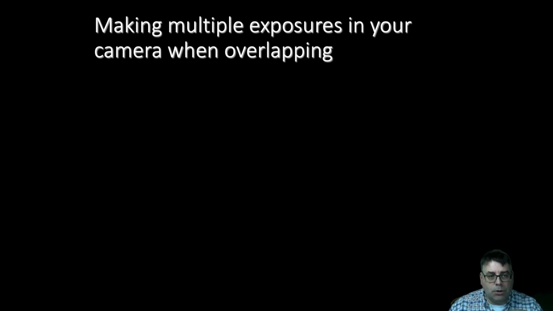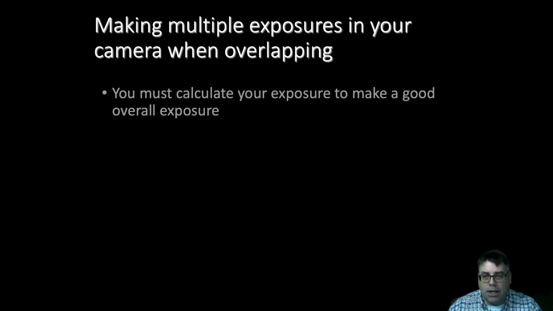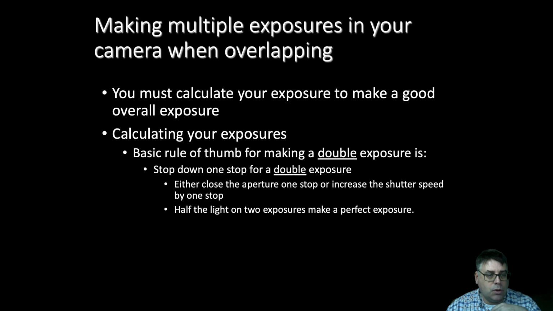So making multiple exposures in your camera when overlapping, you calculate your exposure to determine the overall exposure. So calculating exposure, the basic rule of thumb for a double exposure is 1 stop down. Either you close the aperture, which is not recommended, it's usually your shutter speed, because when you close your aperture, your actual depth of field changes, so sometimes it's better just to adjust your shutter speed.